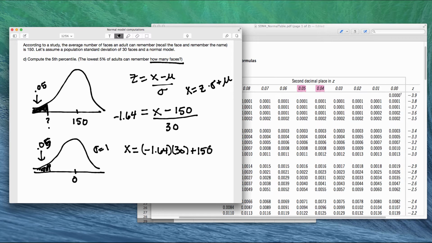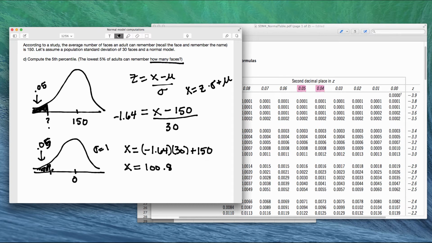If you want to, you can do the algebra, prove to yourself that these two equations are equivalent. They've just been solved for different variables. All right, go to the calculator now. Negative 1.64 times 30 plus 150. Typed it in just like I wrote it, and I get 100.8.